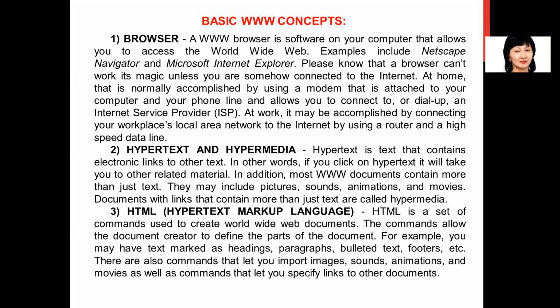At home, that's normally accomplished by using a modem attached to your computer and your phone line, which allows you to connect or dial up to Internet service providers. At work, it may be accomplished by connecting to the workplace's local area network and using a router.